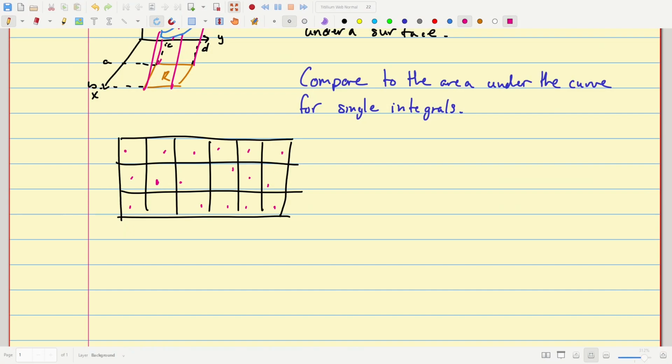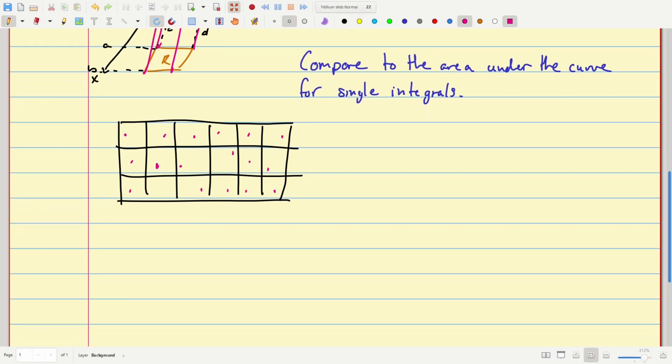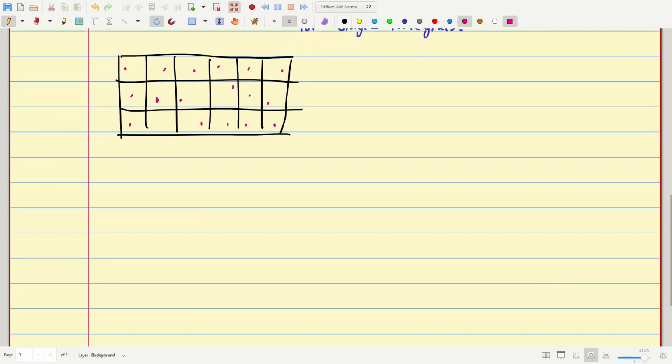All right, now we write out the definition of what a double integral looks like. It looks like this. So when I say a double integral, the way that we write this is we literally just write two integral symbols next to each other.